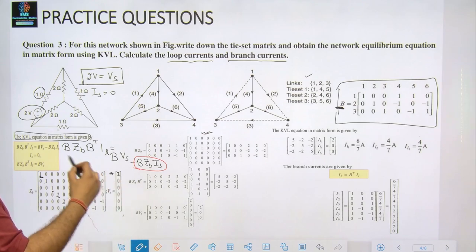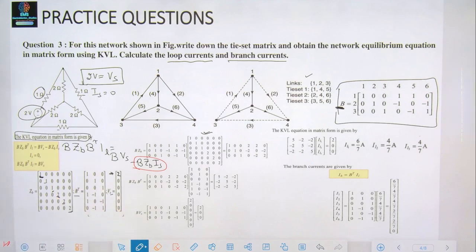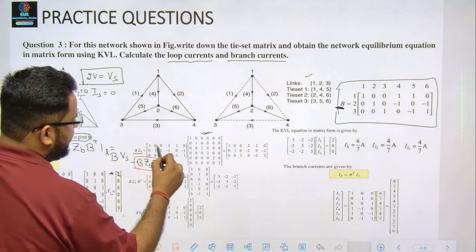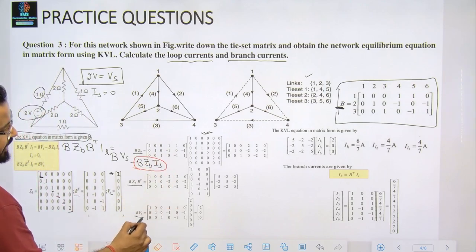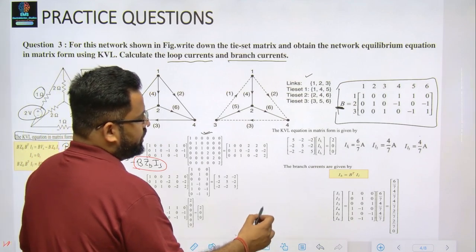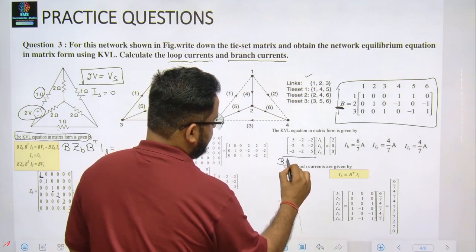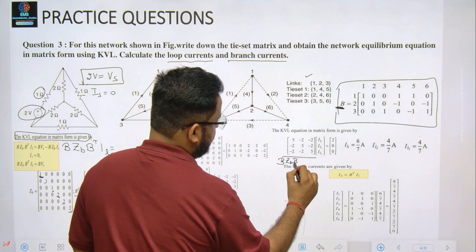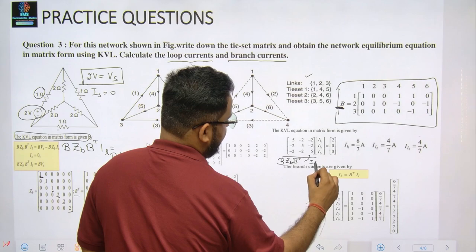So now I've got all the branches, the branch Vs, and my B transpose. Now I'll start calculating: B into ZB into B transpose, and B into Vs. This is the equation, B into ZB into B transpose, multiplied by IL.